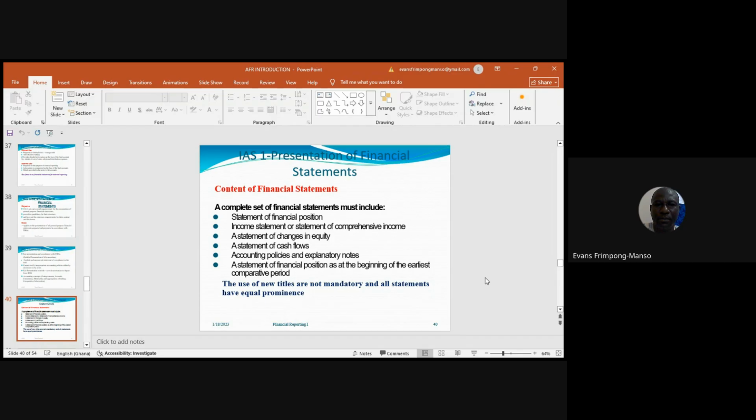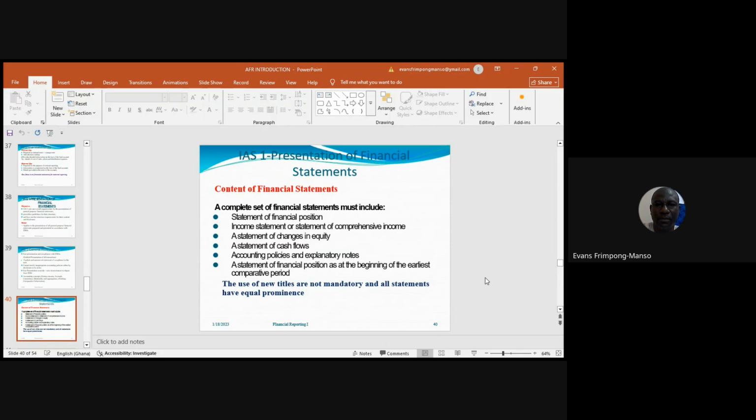Number 3, we have the statement of changes in equity. We also have the statement of cash flows. We will do that one, I think that one is in financial reporting too. And then number 5, we have additional notes.